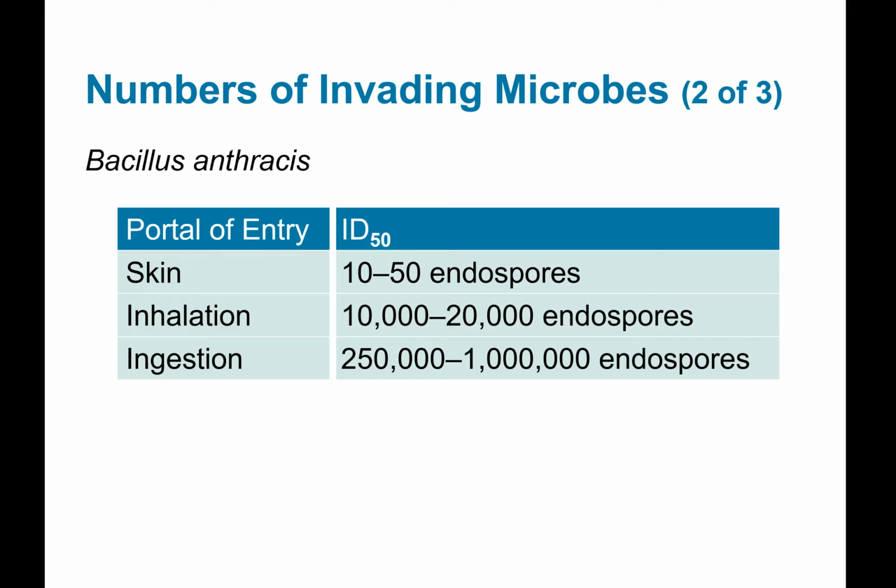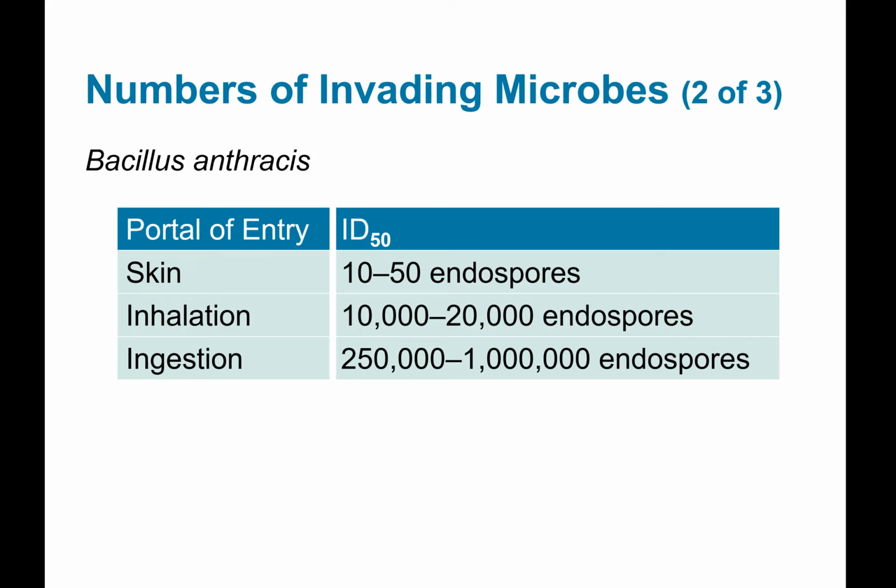What does that endospore have to survive through to cause gastrointestinal anthrax? Well, it has to get through our stomach and our stomach acid. That's why the number is so high for ingestion, because our stomach acid will destroy a lot of things. So you need to get a really high dose in if you were to actually get gastrointestinal anthrax.